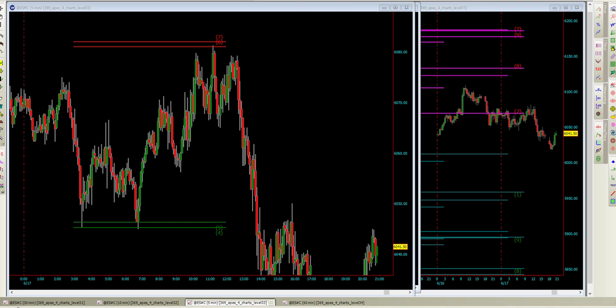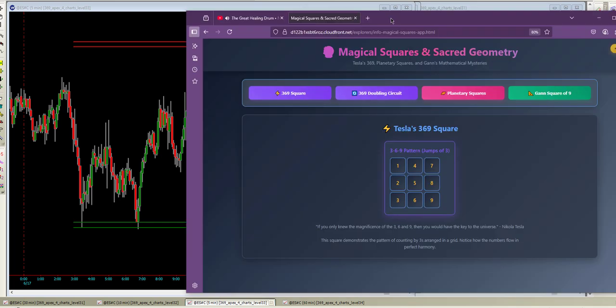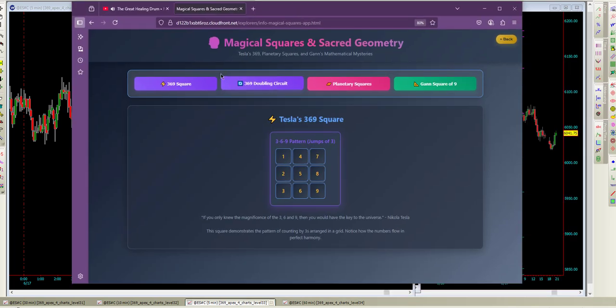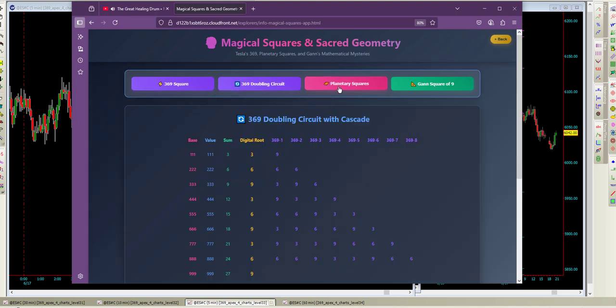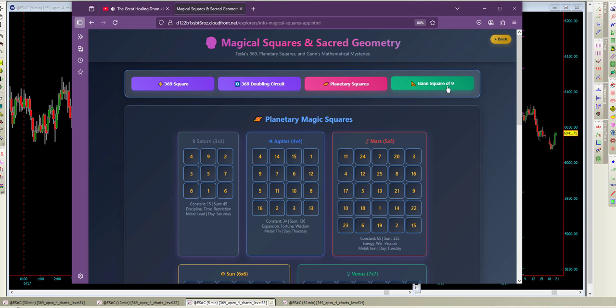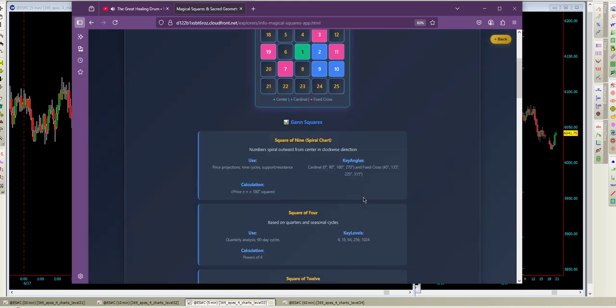So how do you know which matrix to rotate? If you look at this matrix, there are a bunch of squares and matrices and planetary squares, Gann squares, a lot of things are happening.